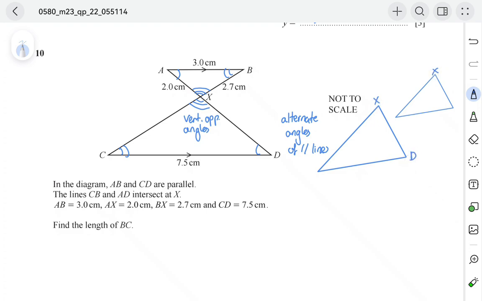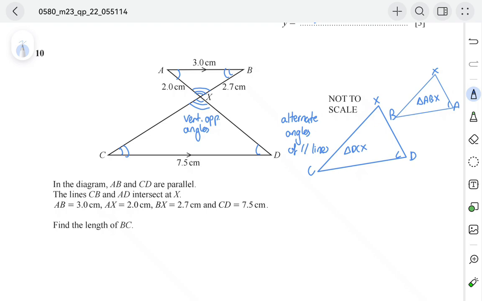Let's call this triangle DCX, and let's call this triangle ABX, following the same order. We flipped around this triangle so that all the angles are in the same place and the same orientation as the other triangle, which allows us to visualize both triangles much easier.